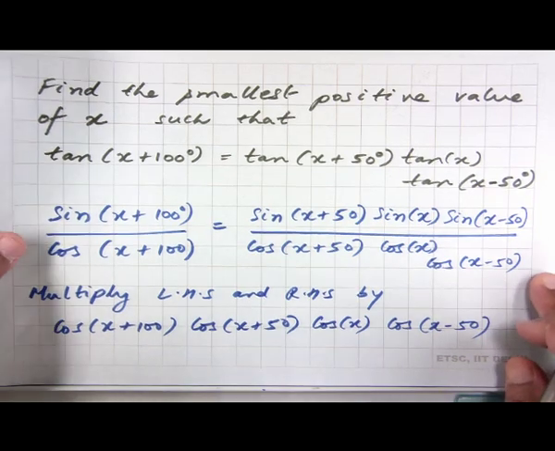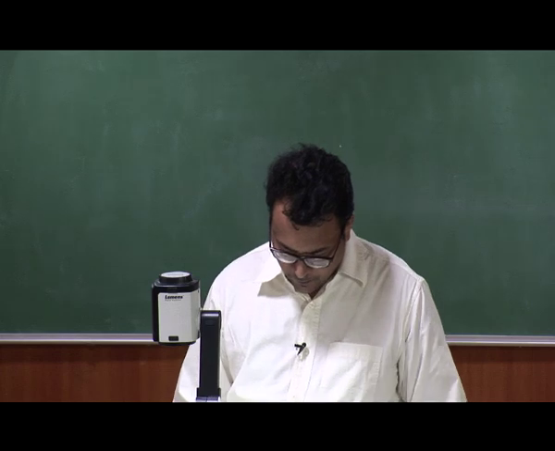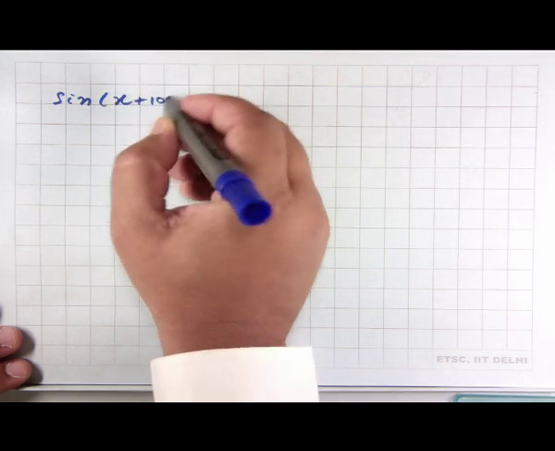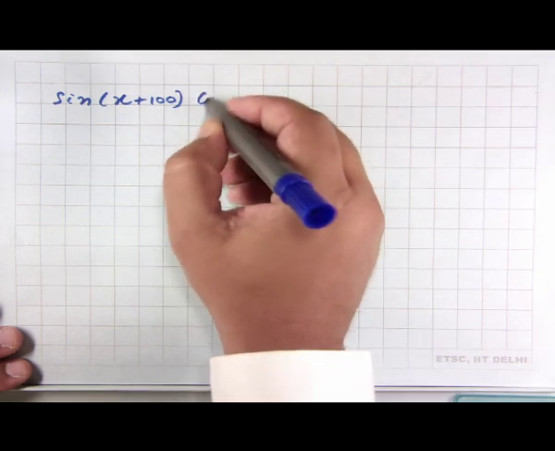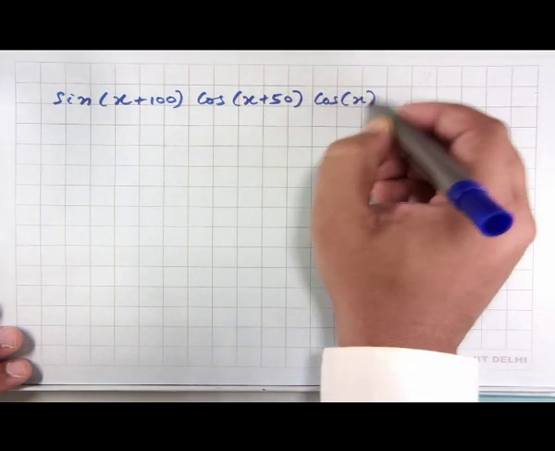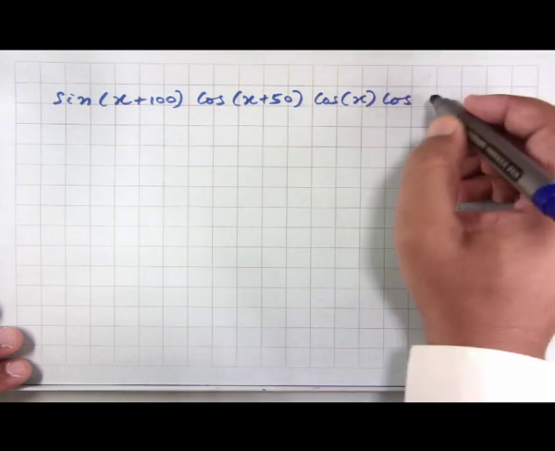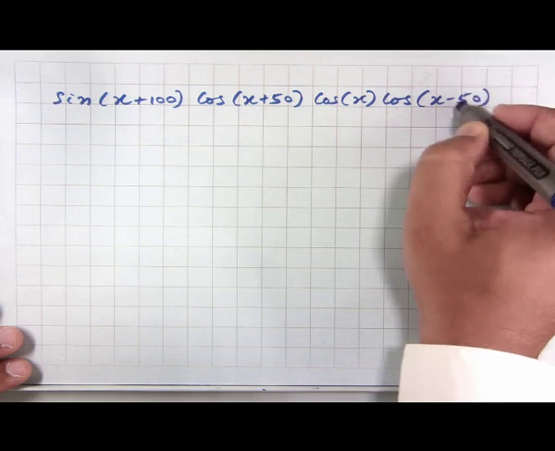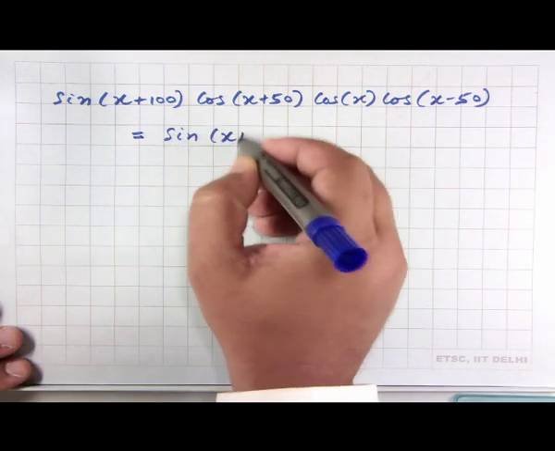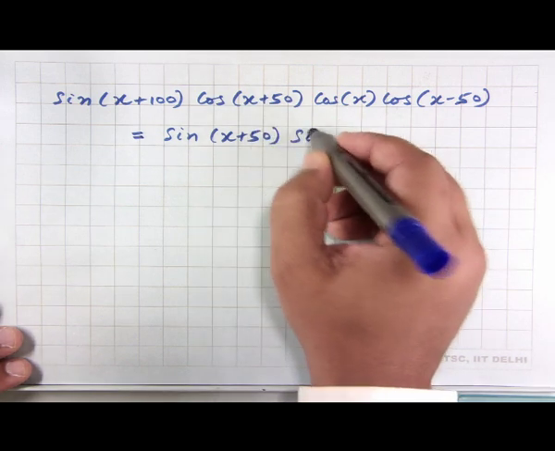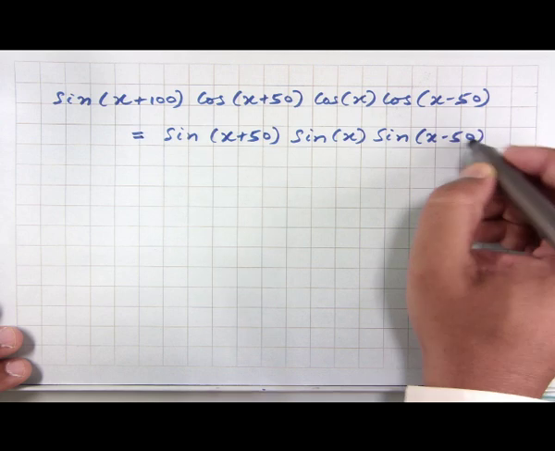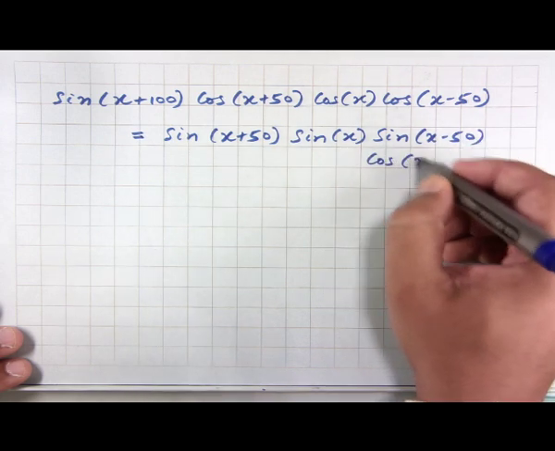And then after this multiplication, what we end up getting is sin x plus 100 times cos x plus 50 times cos x times cos of x minus 50 equals sin x plus 50 times sin x times sin x minus 50 times cos of x plus 100.